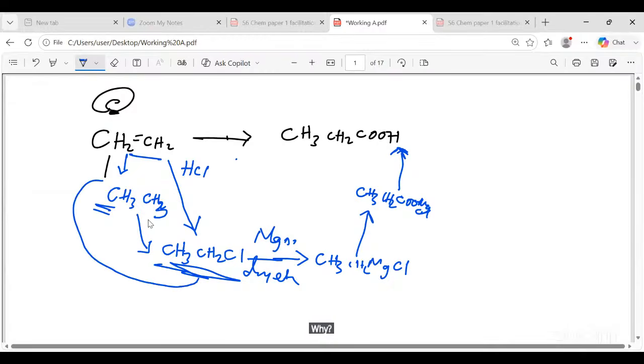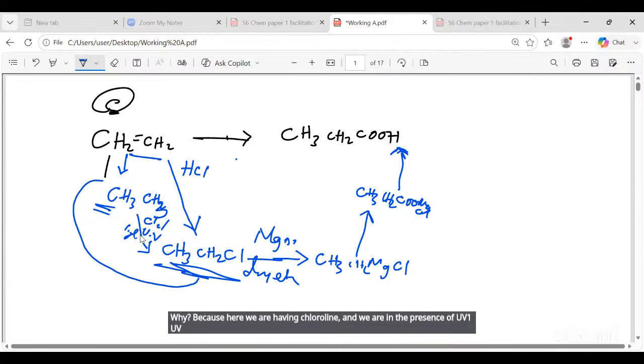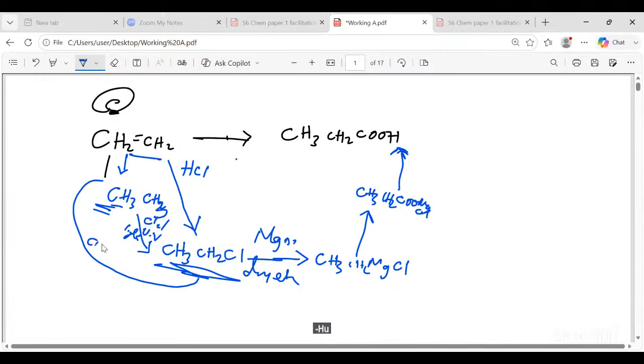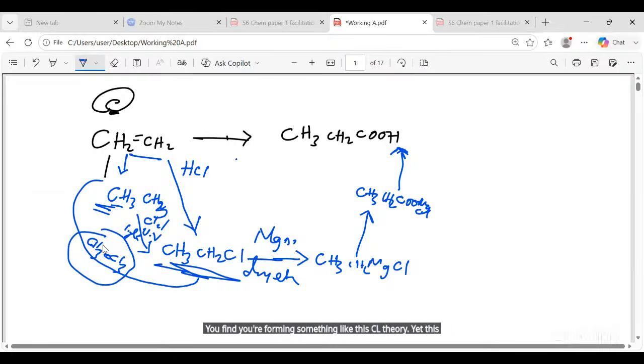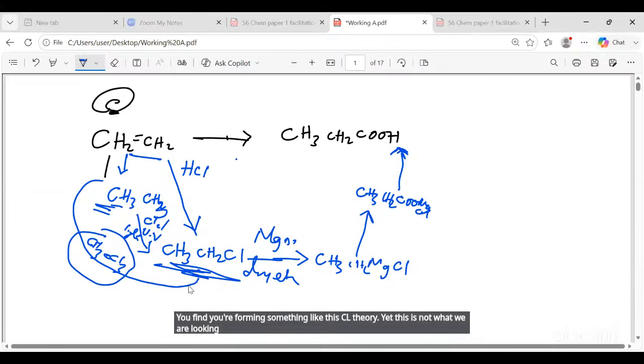Because here we are having chlorine and we are in the presence of UV light. I know very well what happens in excess of the chlorine. You'll find you're forming something like this, CCl3. Yet this is not what we are looking out for.